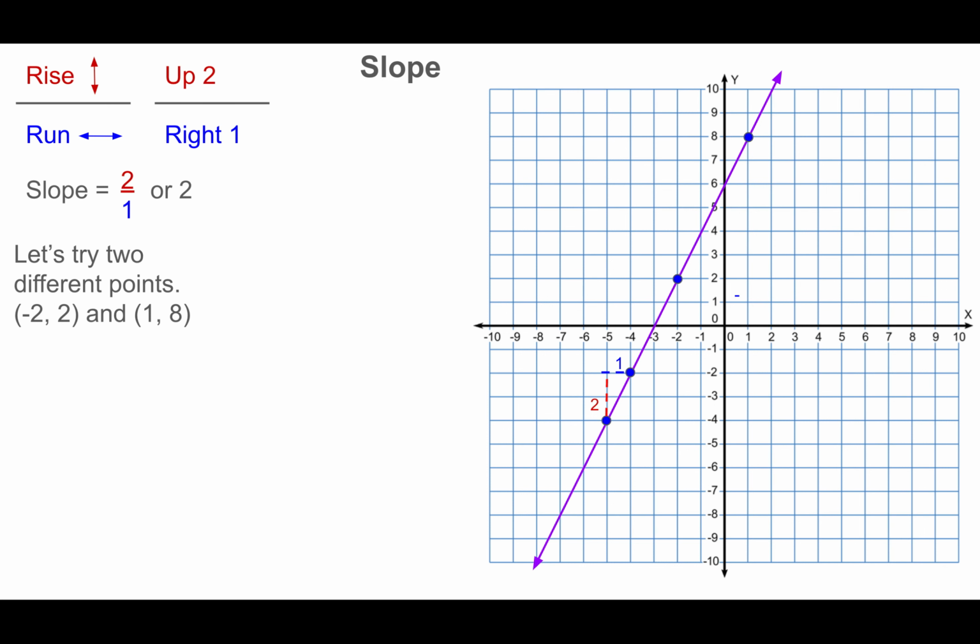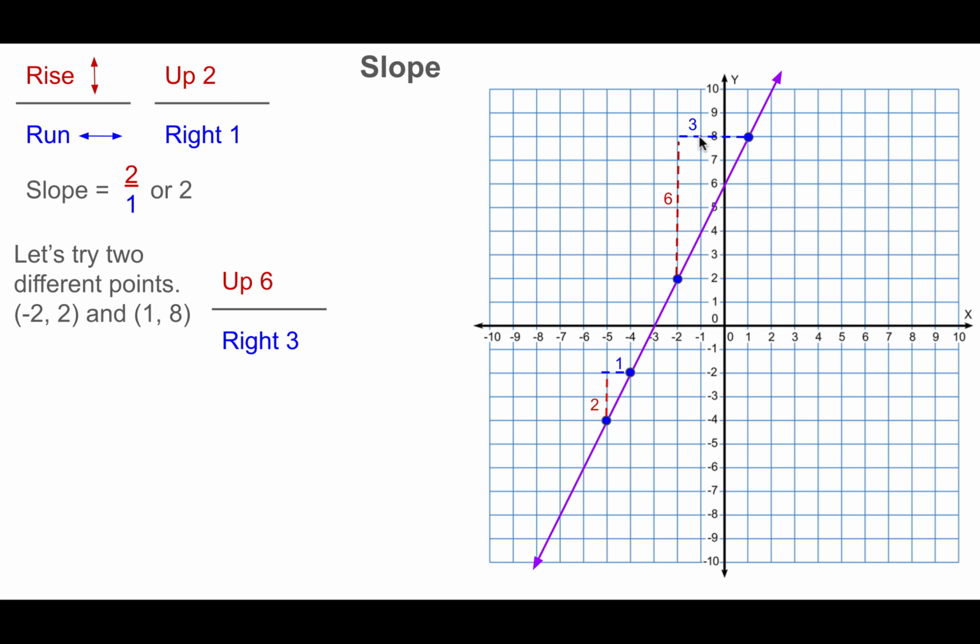But let's say I want to skip steps or do a big step. So this time I put 2 dots which are pretty far away from each other, like a really big step instead of a little tiny step. So I chose the points (-2, 2) and (1, 8). So we're going to do the same thing. We're going to go up, but this time I'm going to go up 6. 1, 2, 3, 4, 5, 6.